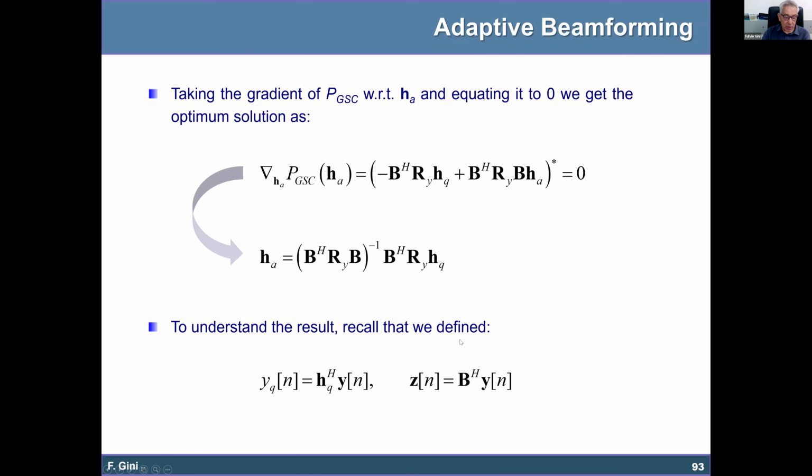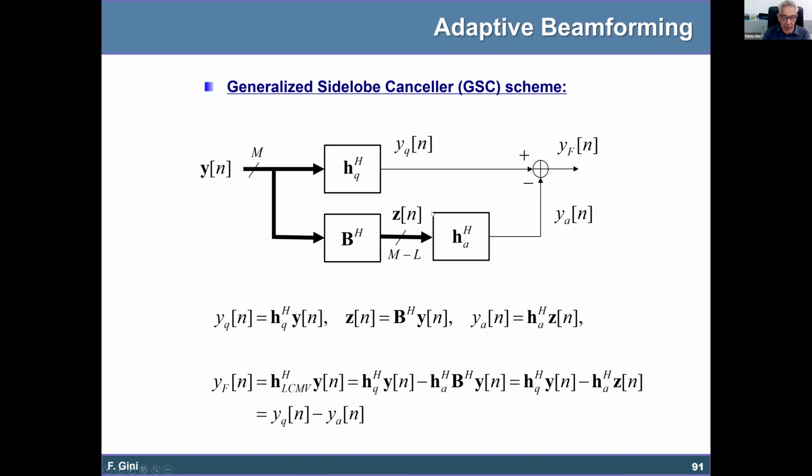Now, this result is basically nothing but the Wiener filter. Because if you go back to this block diagram, we want to optimize this. We want to find the impulse response of this linear filter that, based on the observation of the input data Z, minimizes the difference between the output of the filter and YQ.